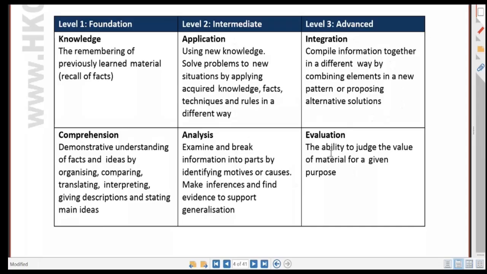So how do they test you? You just have to look at the past papers. Previous to the new QP, the past papers are still relevant. It is a continuation. So basically we are talking about levels 2 and 3.